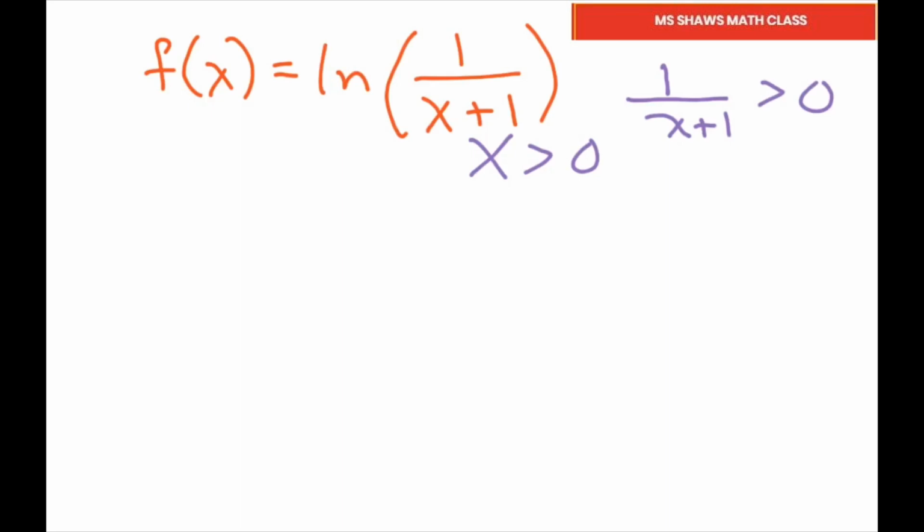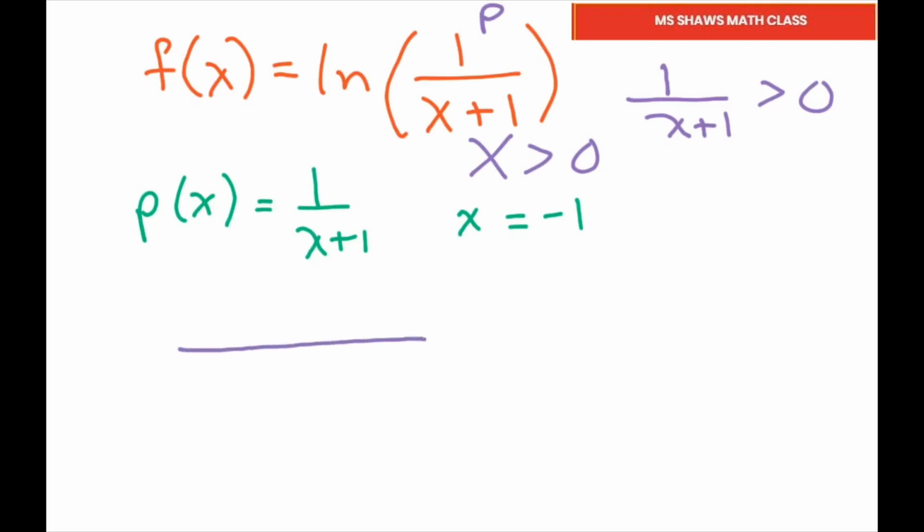But if you look at it, let's call this P. If I say P of x equals 1 over x plus 1, we know this is undefined at x equals negative 1. So what I need to do, you can actually do this mentally, but if we're doing it algebraically, we're going to test intervals around negative 1.